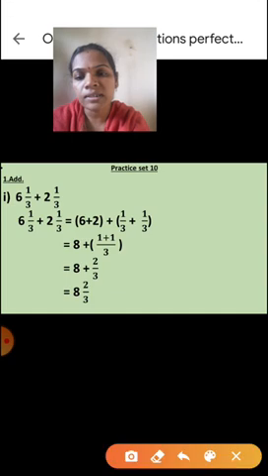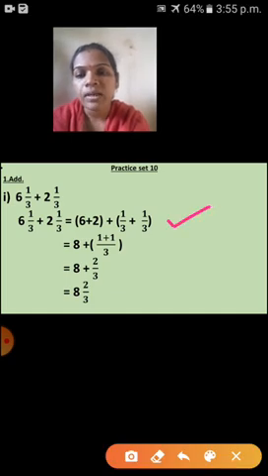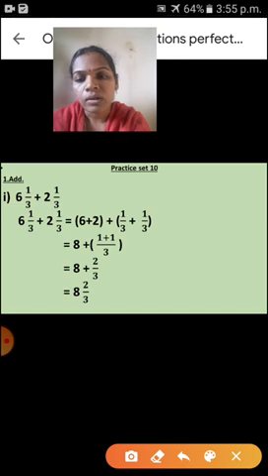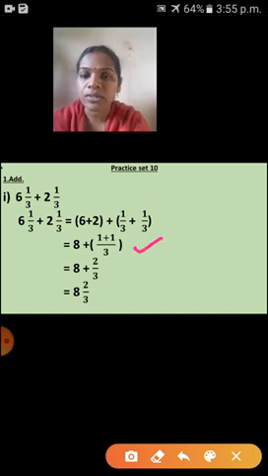Yes children, see here, second step. First step is over. In the second step you see 6 plus 2 is 8. And here, observe this fraction. Is this a like fraction or an unlike fraction? Yes, this is a like fraction. So what do you have to do? You have to add the numerators, and the denominator you have to write as well.